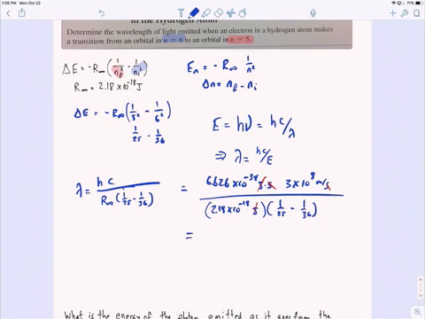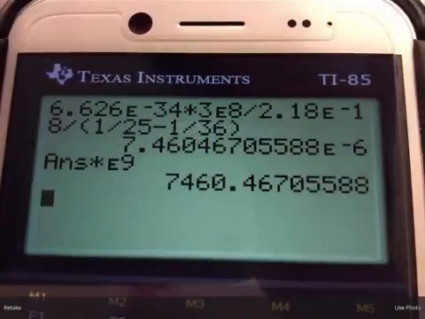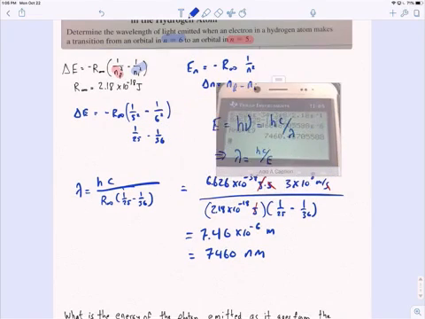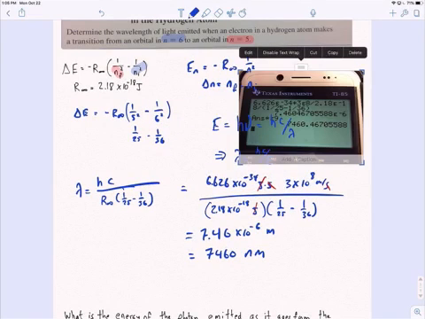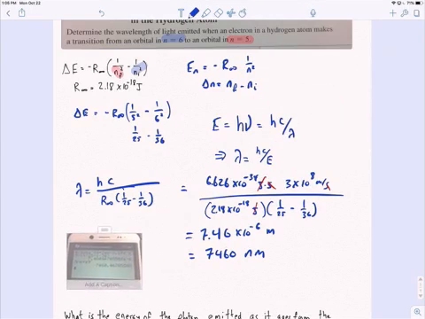By my calculator, I get 7.46 times 10 to the minus 6 meters, which also equals 7460 nanometers. All right.